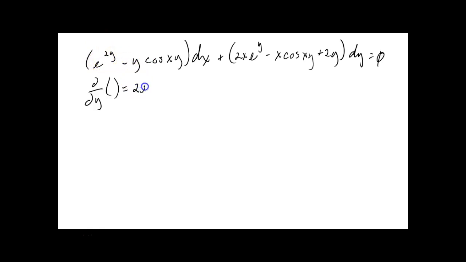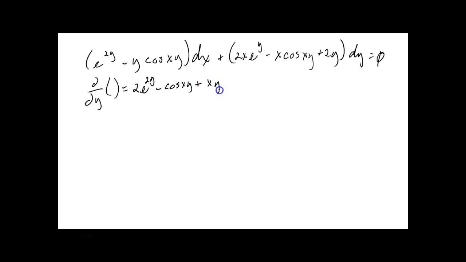2e to the 2y. Good first term. Minus cosine xy. Second. And you said a plus? Say that again now.